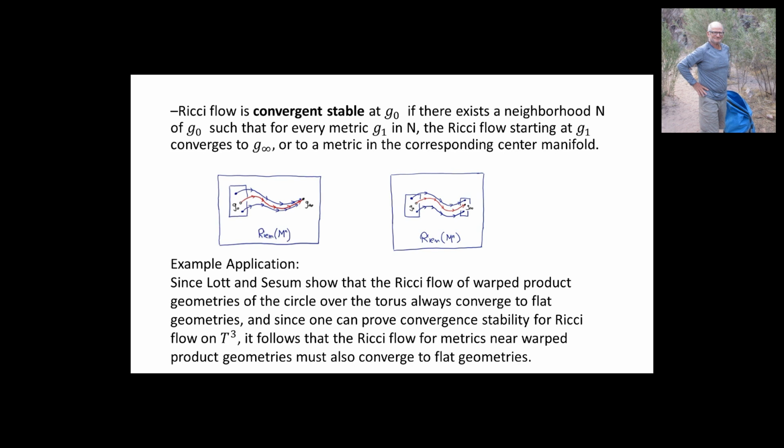The one on the left is an asymptotically stable Ricci flow converging to g infinity, and so we look at g0 and at nearby metrics, and the Ricci flow, if it's convergence stable, will also converge to g infinity. And on the right hand side, I have a picture where instead of converging necessarily to g infinity, these nearby Ricci flows starting near g0 converge to the central manifold.